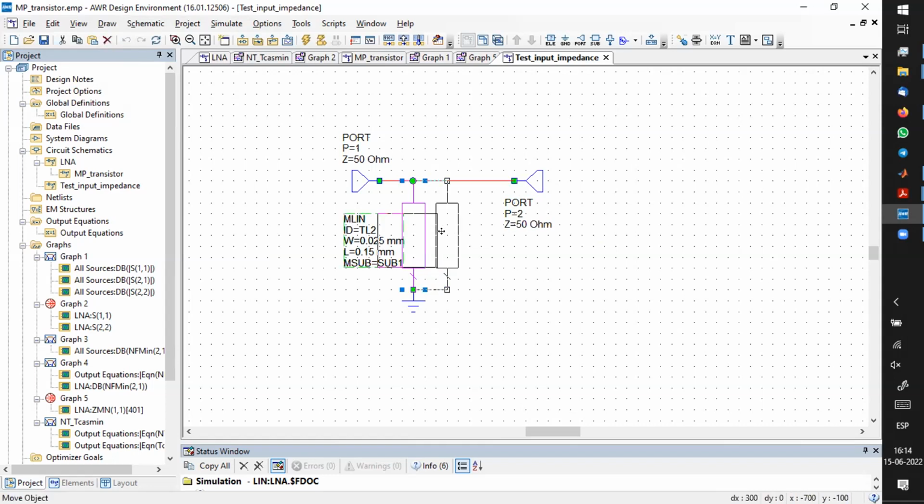And it could be a fairly long one. Let's say, can you tune it? Okay.